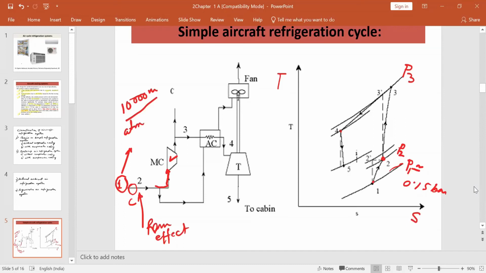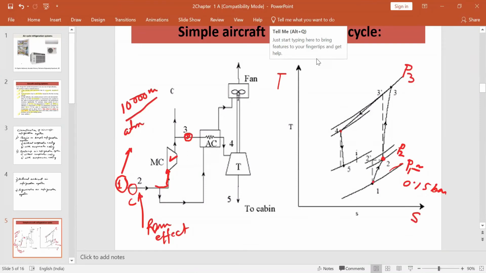If this is an isentropic compression, then it will move 2 to 3'.